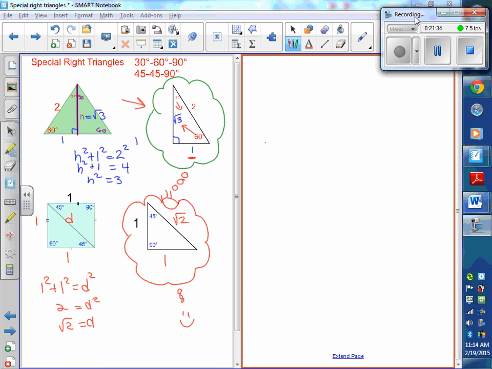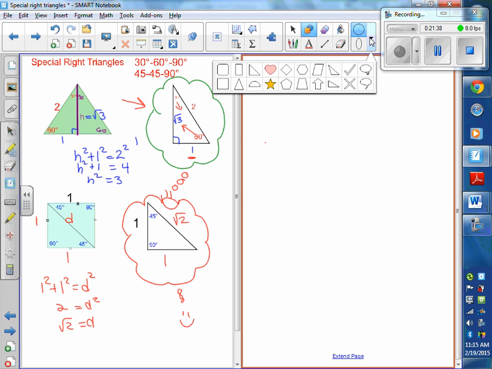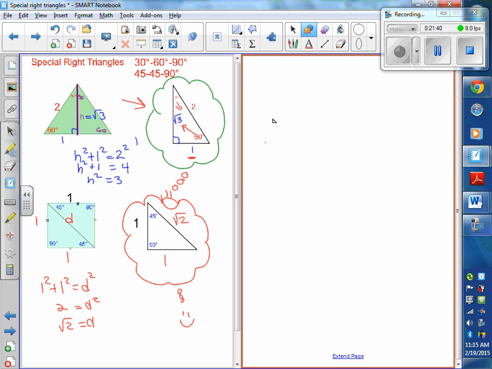Okay, so if I have any isosceles right triangle, no matter what the size, and I have that triangle on the left memorized, I can figure out the missing values. This could be the square root of 3.